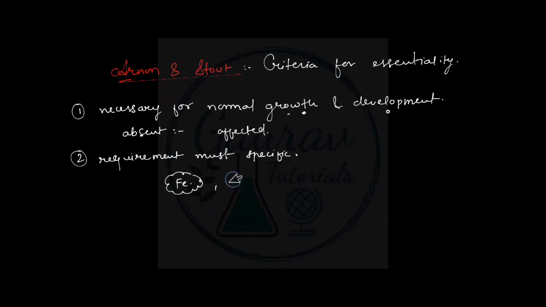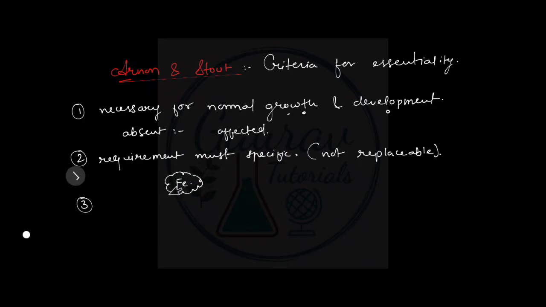I must provide this Fe only, and it should be irreplaceable. We cannot replace these elements. So the requirement must be specific, that is, not replaceable. Then we have the third criterion.